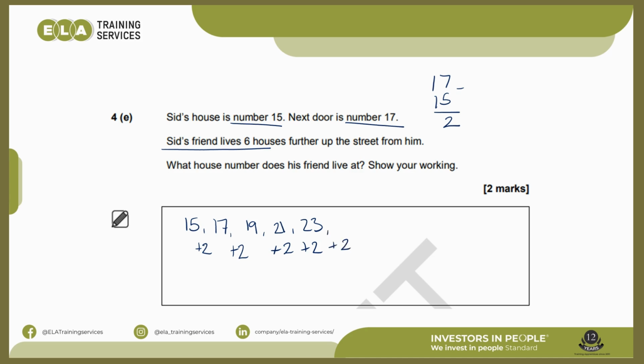Last, 25. We need to go 6 houses up, so 1, 2, 3, 4, 5, 6 plus 2, 27. So which house does Sid's friend live in?